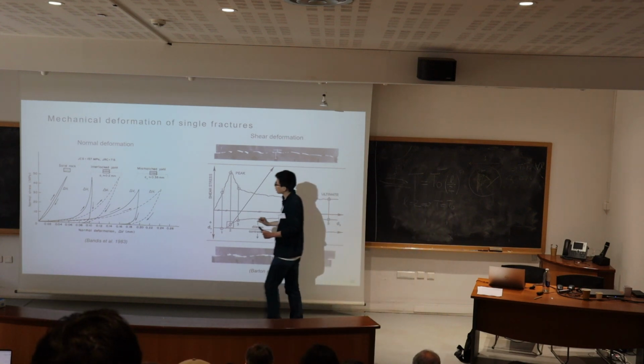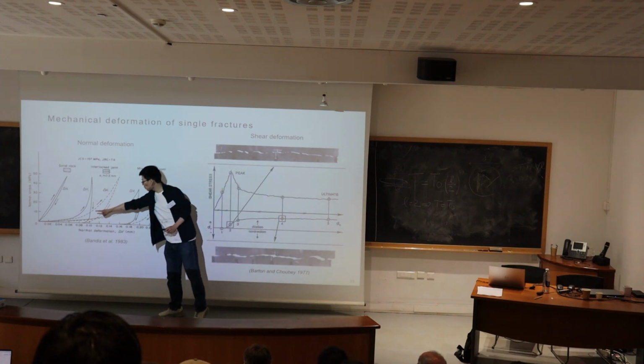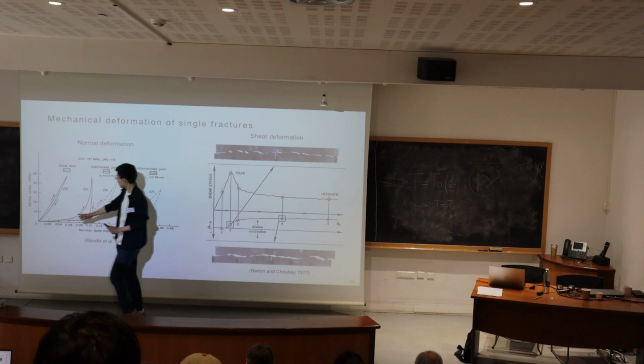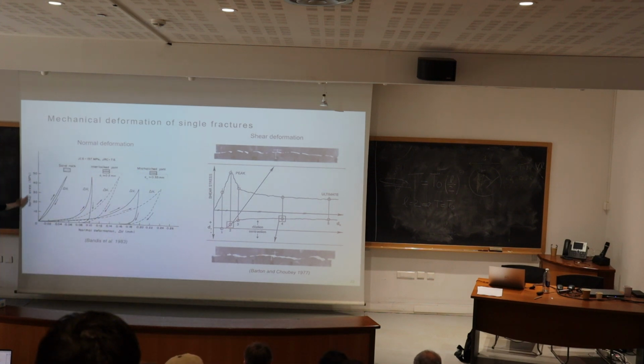This is why we see a strong nonlinear behavior of fracture closure. Here, the y-axis is the normal stress, and the x-axis is the normal deformation or normal closure of the fracture.